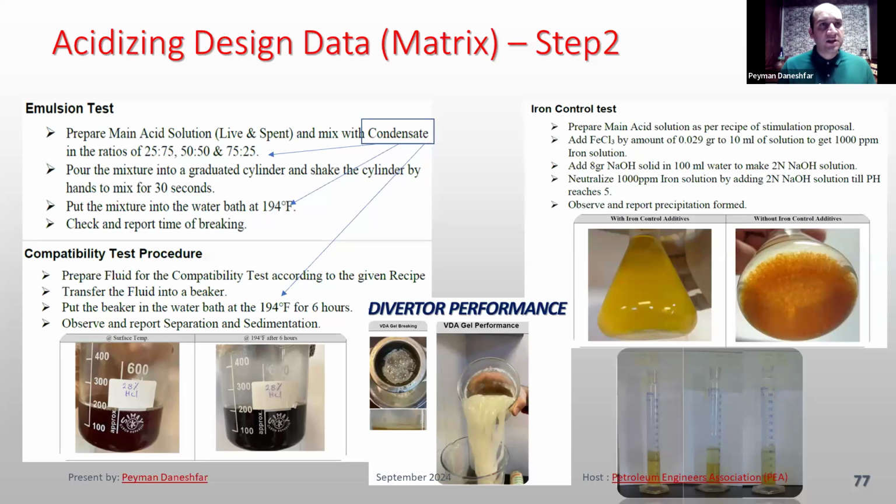Again, for the emulsion test, we prepare the main acid, or we can also divert, but in an emulsion test our measure is the main acid. We mix it with the fluid of the well, and we check after some minutes whether they separate or not, or make a knife edge or not. Another one is the divertor performance, where we need to check the divertor performance.